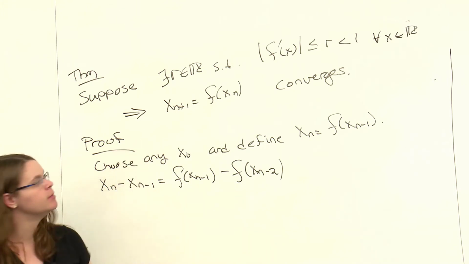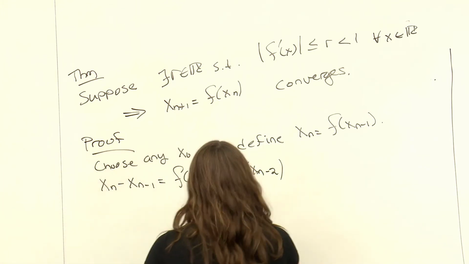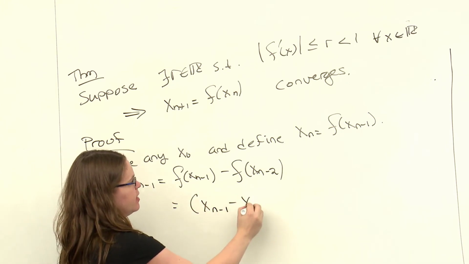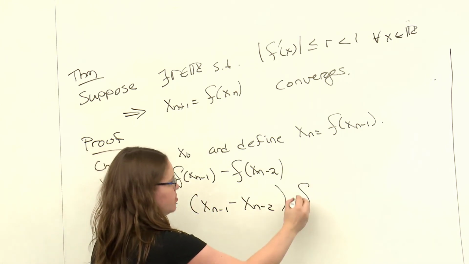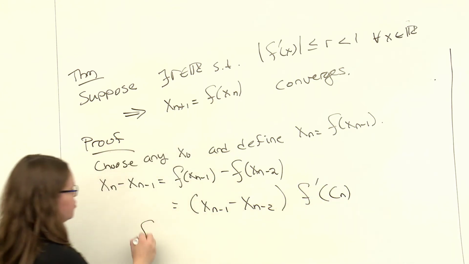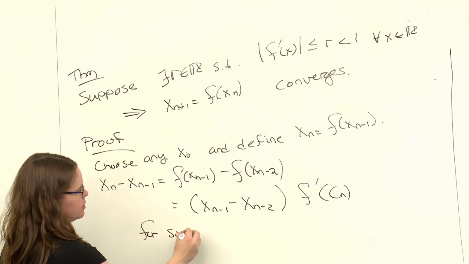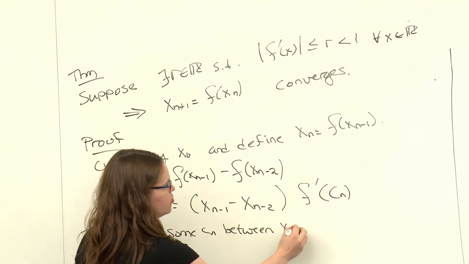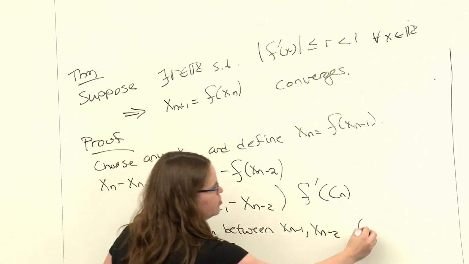Mean value theorem, right? So we know that this is going to be equal to xn minus 1 minus xn minus 2 times f prime of c, for some cn between xn minus 1 and xn minus 2. That's your mean value theorem.